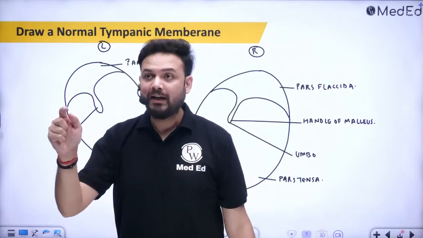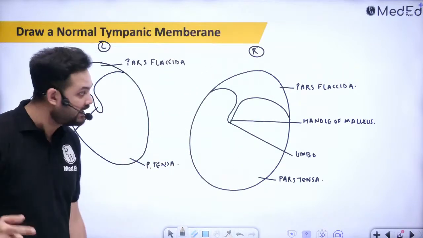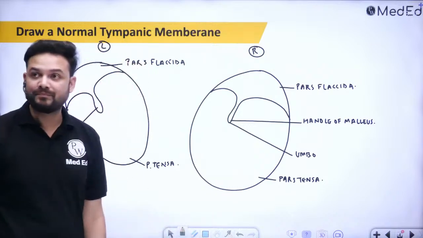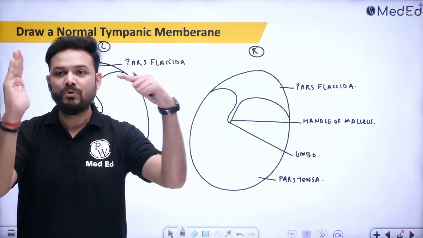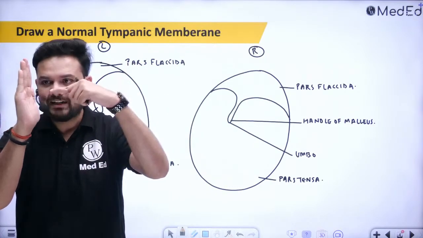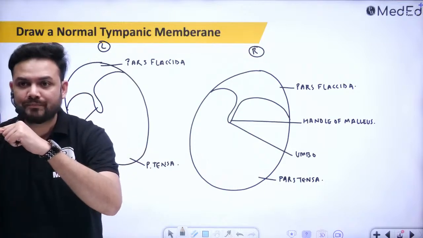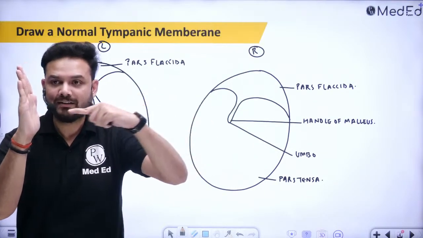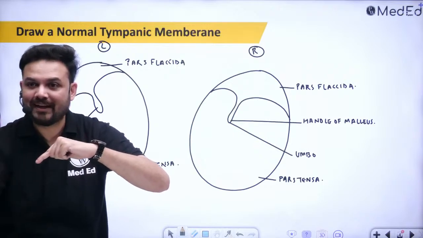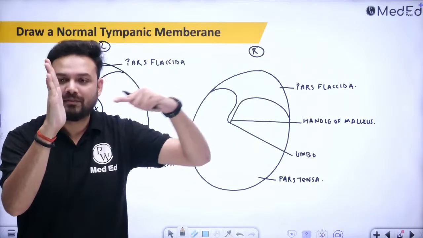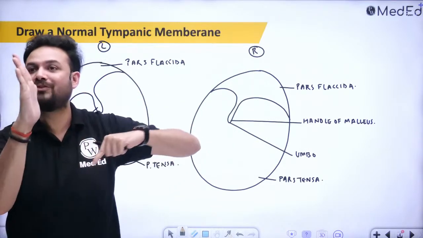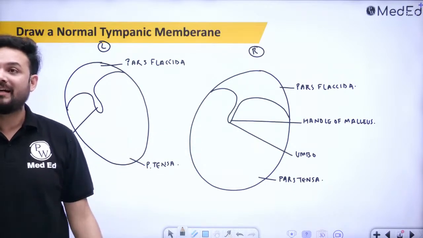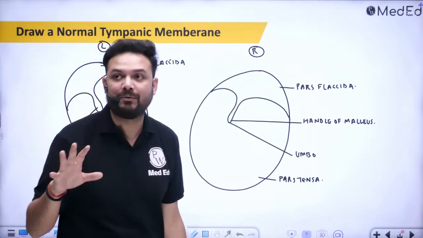The same way, when the sound is coming in the ear, the sound will strike right away in the center of the pars tensa. तो होता क्या है, when the sound is striking to the pars tensa, tympanic membrane अंदर move करेगी and then वो retract करेगी. फिर उसके बाद अंदर मूव करेगी, देन वो बाहर मूव करेगी. तो ये recoiling action of the tympanic membrane is happening every day whenever you're hearing sound.